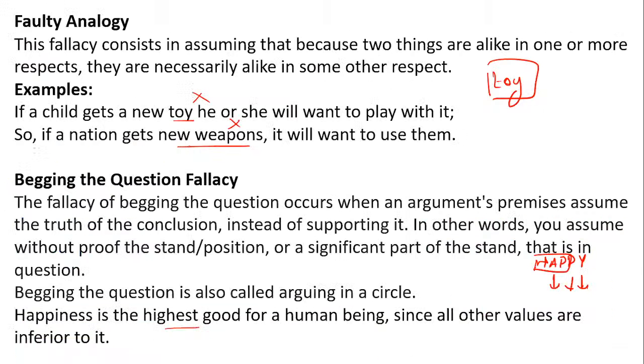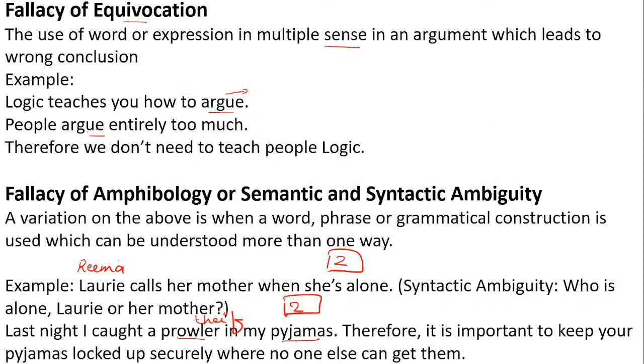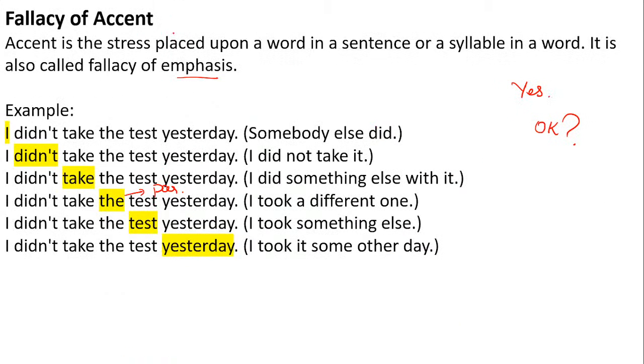Okay, so these were all the fallacies, students, that we have taken up in today's session. I hope you understood what these fallacies are. We saw so many fallacies today, right? Formal, informal, we saw the fallacy of equivocation, fallacy of amphibology, fallacy of composition, fallacy of division, fallacy of accent.